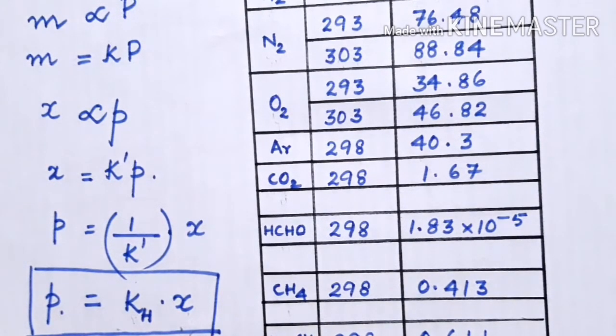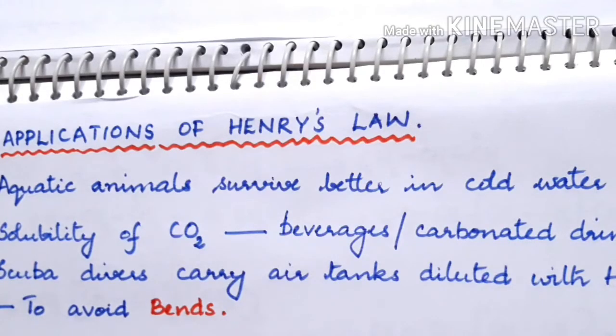Same as the case with hydrogen chloride and ammonia. They are found to dissolve very much in water because the KH value is very less. Solubility of gas is affected by pressure, and that is learned from Henry's law. Now we shall see the applications of Henry's law.